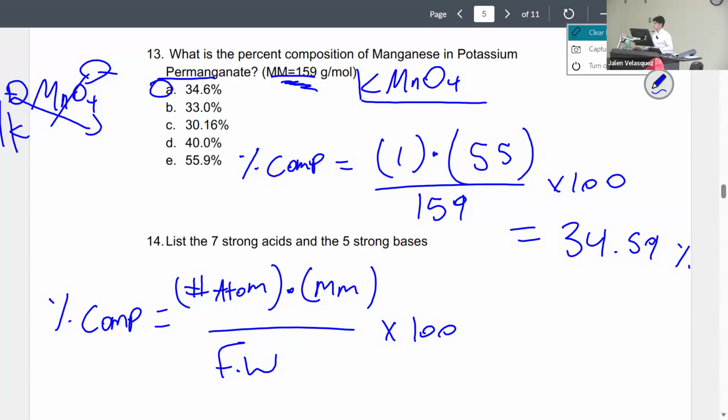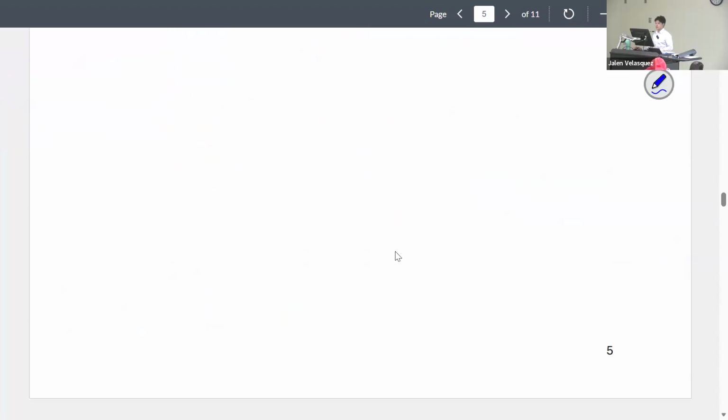All right, number 14: list the 7 strong acids and the 5 strong bases. I'll give you guys some time to jot it down and then we'll go over it.